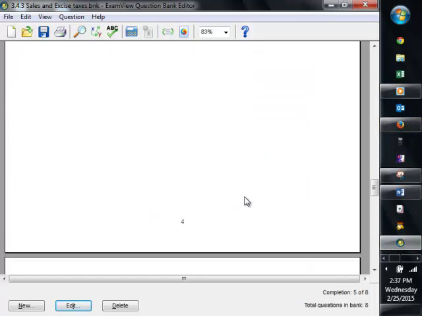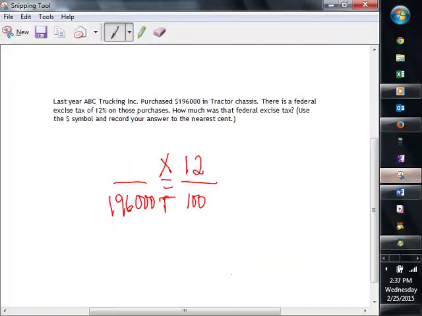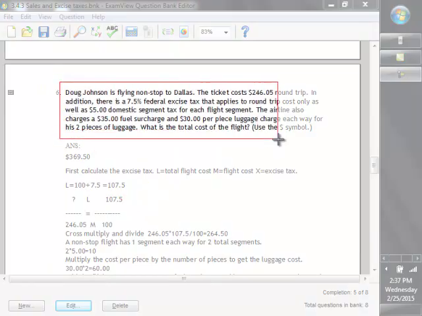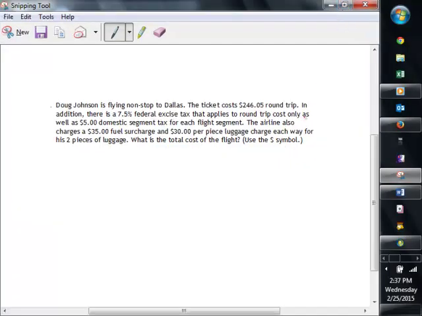Okay. Let's look at this one. It's about airplane flights. The ticket costs $246.05 round trip. Let's calculate the federal excise tax first of all. So $246.05 is the merchandise at 100%. The tax is 7.5%.